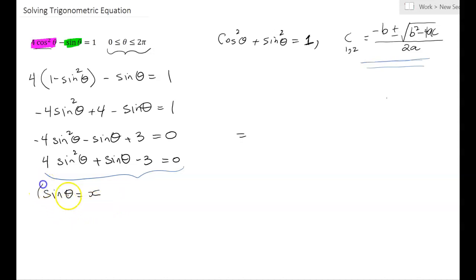This way we can see that this becomes a quadratic equation. Using the quadratic formula, we'll solve it, and then come back and solve for sine theta and therefore theta.